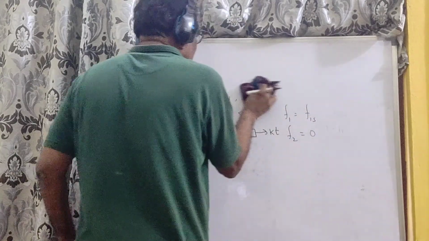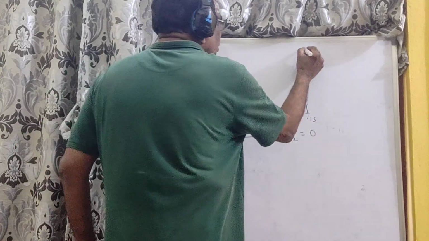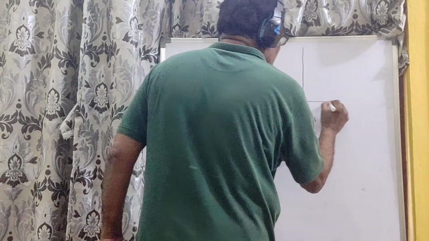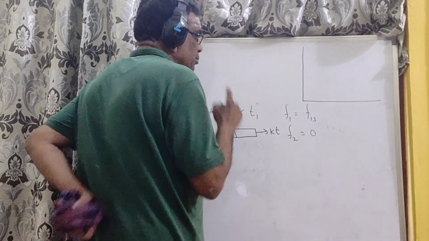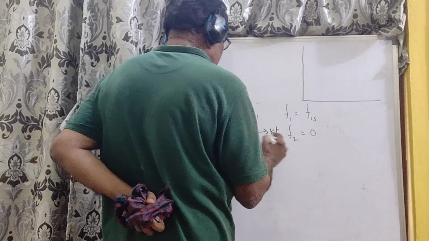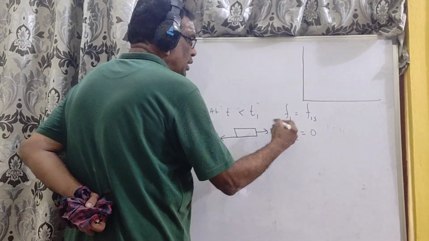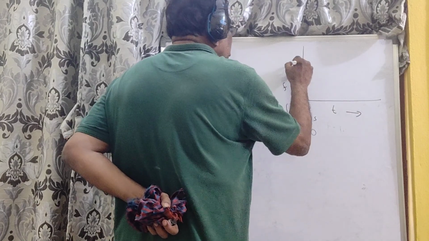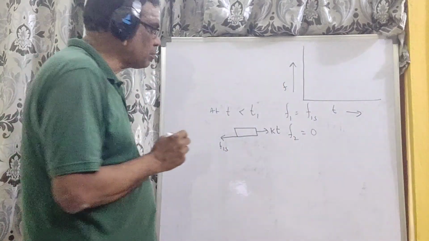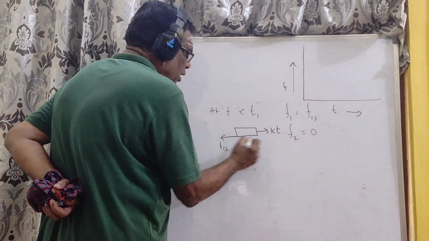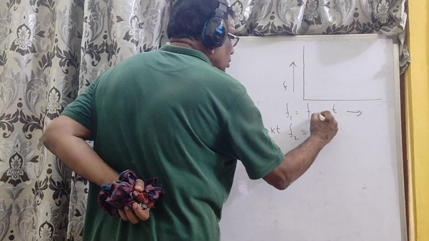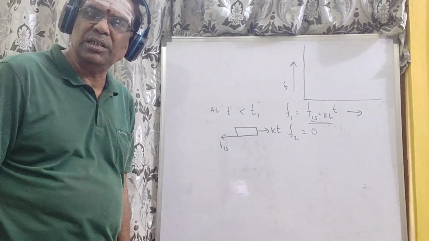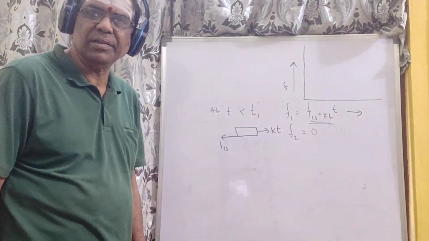Okay, I hope this is already written for you. I try to give like this. So for the master body, as you increase, let this be the time, let this be the friction. F1s is equal to KT. So it is directly proportional to T. Slope is K, whatever it is.